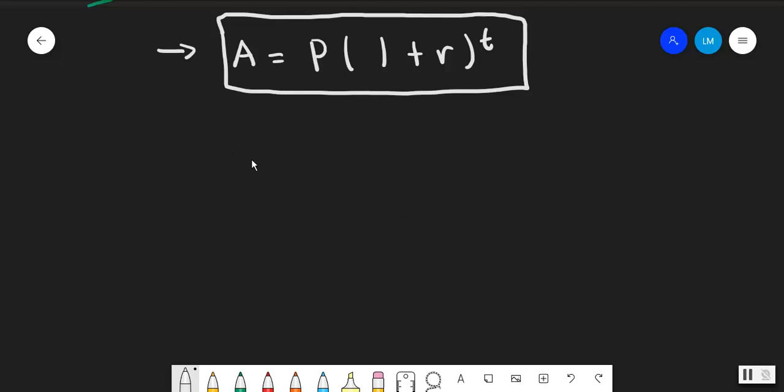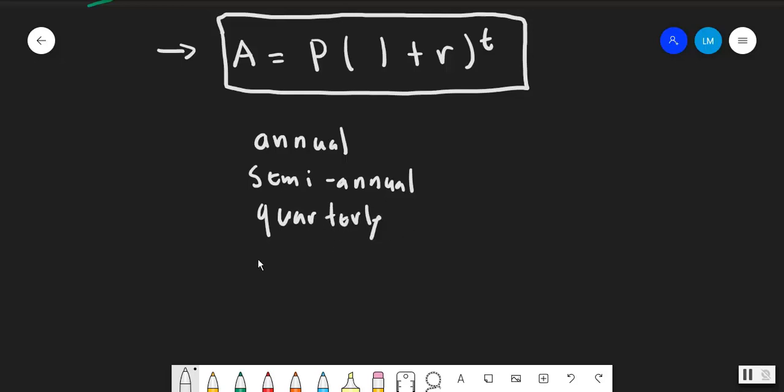That could be annually, that could be semi-annual, that could be quarterly, that could be monthly, and that can be actually daily.